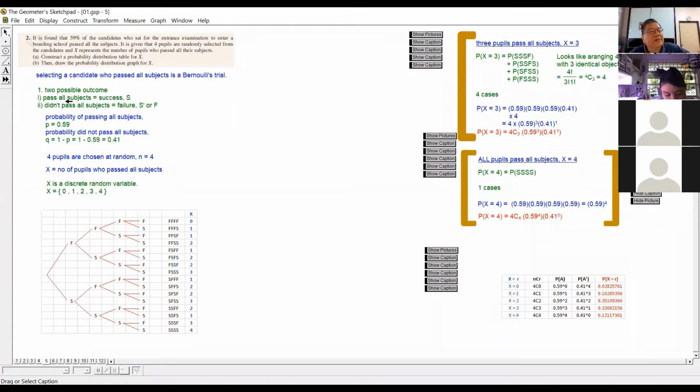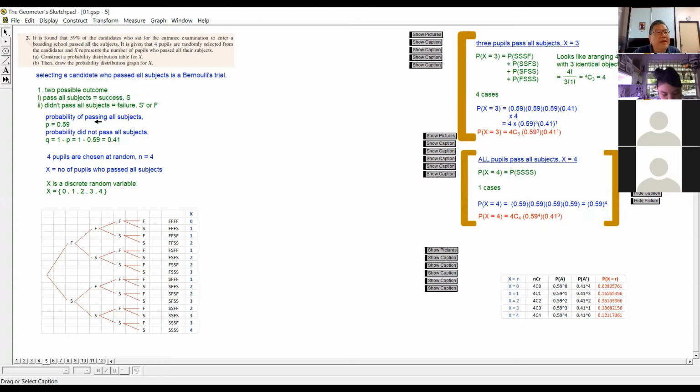Success means pass all the subjects in this case. Failure means didn't pass all the subjects. I denote success by S, failure by F, or S complement. It's up to you. Success S, the opposite is S complement or failure.